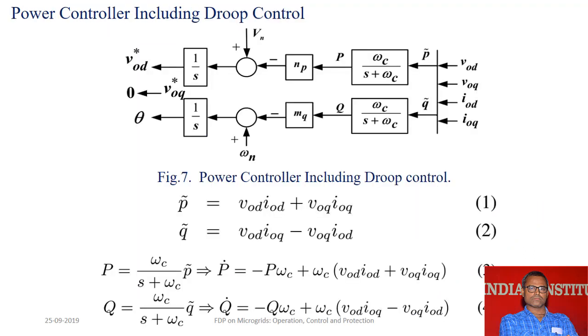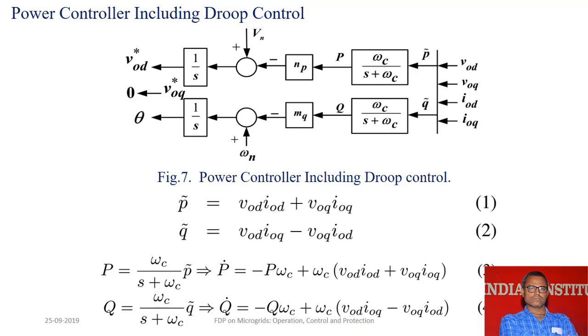So this is a little more elaboration of the power controller, which includes the droop controller. Here this is the filter. Here mp and mq are the real power and reactive power droop coefficients, right? And they create the vod dash and theta, which are fed to the current and voltage controller.